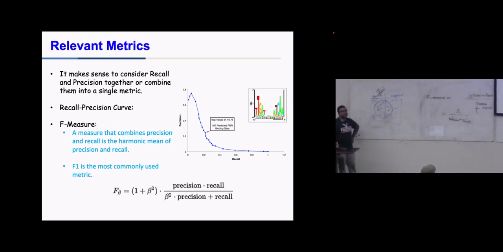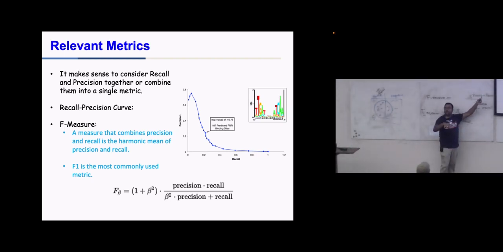What? The harmonic mean? Yes, okay. So if you replace beta with 1, we call it the F1 measure, which is the harmonic mean of precision and recall. That's a better way to combine precision and recall, because if one of them goes down, this metric drastically goes down. So it kind of tries to push both of them to be high.